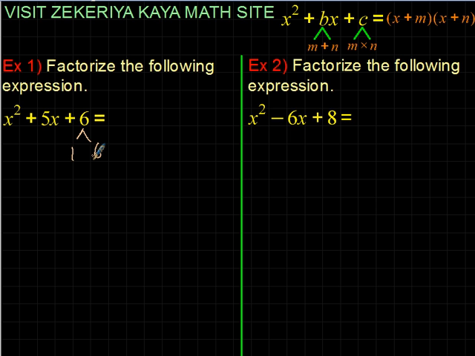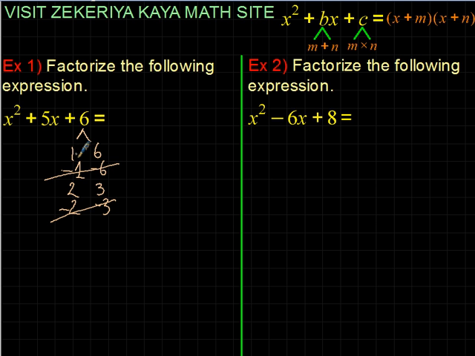Plus 1 times plus 6 makes plus 6. Minus 1 times minus 6 makes also plus 6. 2 times 3, or minus 2 and minus 3. When I add the negatives, the result will be negative. So the second term is positive, that's why I can cancel them directly, I don't need to write them at all.